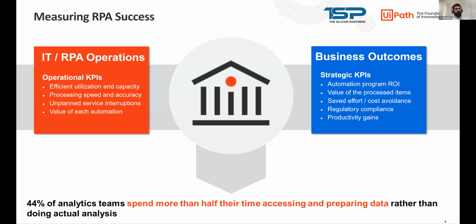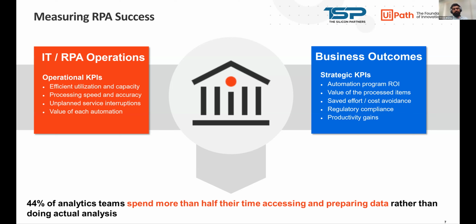Operational KPIs contain information related to the execution of automation itself, but they don't include things like money saved or time saved, because that is a part of business KPIs. Examples of operational KPIs include robot errors, robot utilization, success rate, and duration. On the other hand, business KPIs link what happens in an RPA deployment to how it benefits the business.